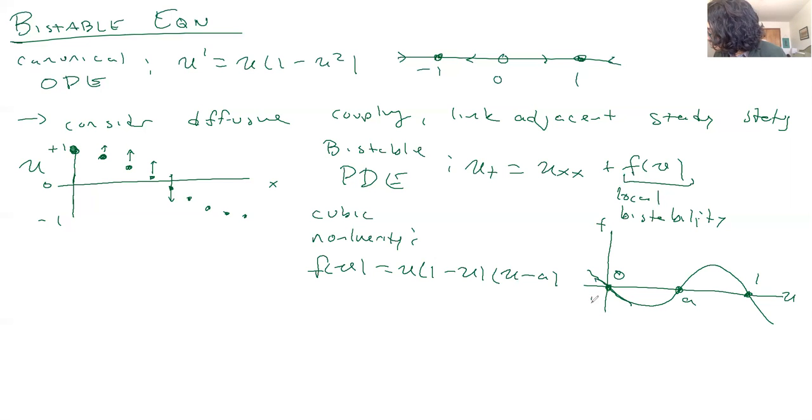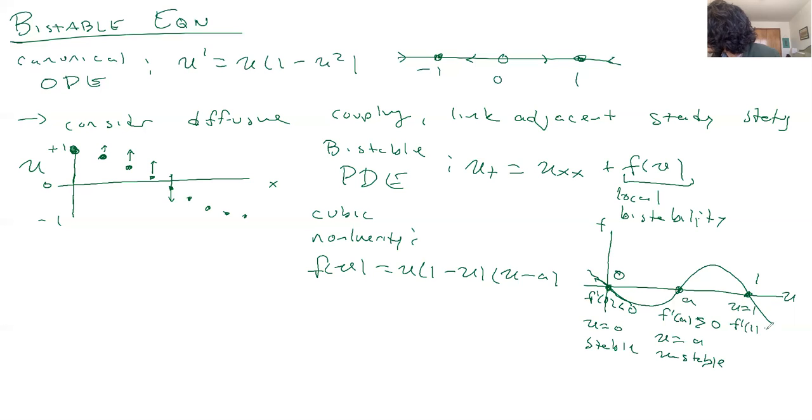Because f prime of 0 is less than 0, that means that U equals 0 is stable. Here, f prime of A is greater than 0, that means U equals A is unstable. And here we have U equals 1, right?